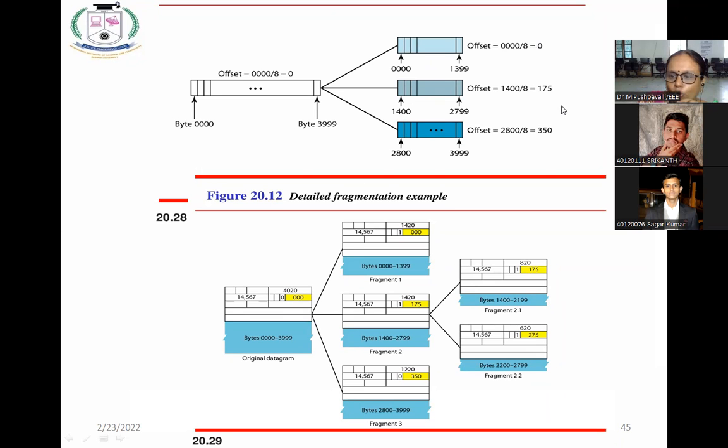How it is dividing: 0, 175, 350. In this way, you see this is my original datagram. And while dividing my datagram, it has 3 fragments. And particularly among the 3 fragments, I can divide my fragment 2 into fragment 2.1 and fragment 2.2. So this is the fragmentation.